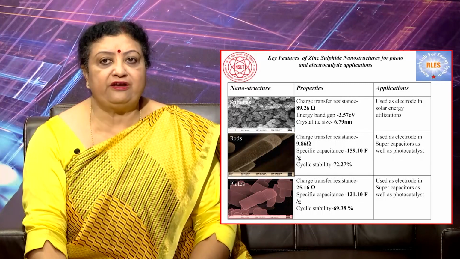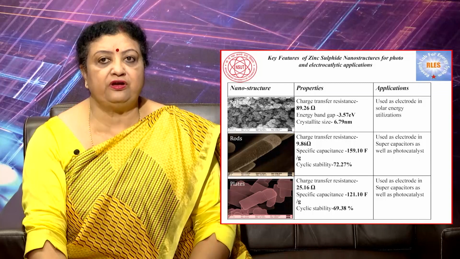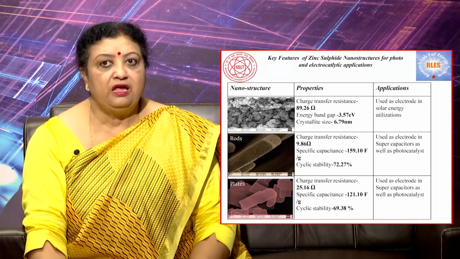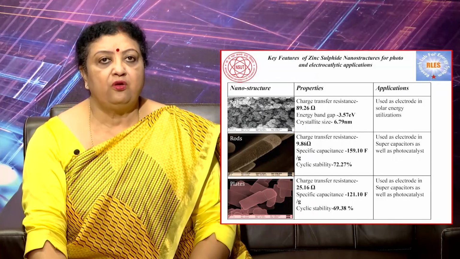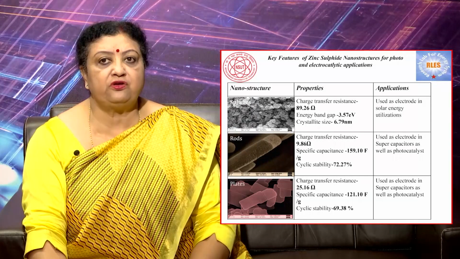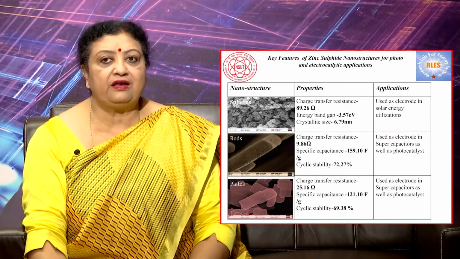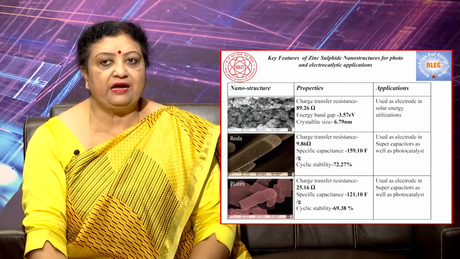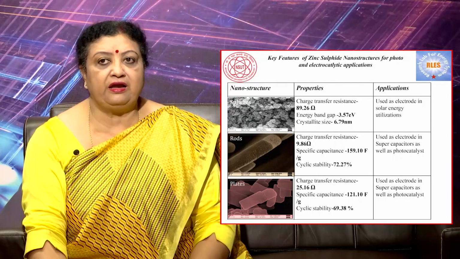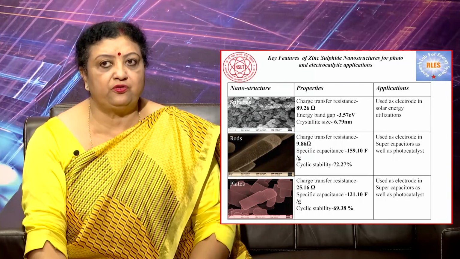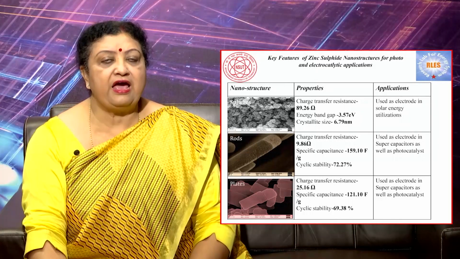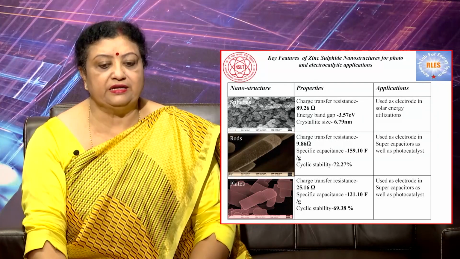ZnS nanoplates have the charge transfer resistance 25.16 ohm, specific capacitance 121.10 farad per gram, cyclic stability 69.38%, and can be used as electrode in the supercapacitor as well as the photocatalyst.